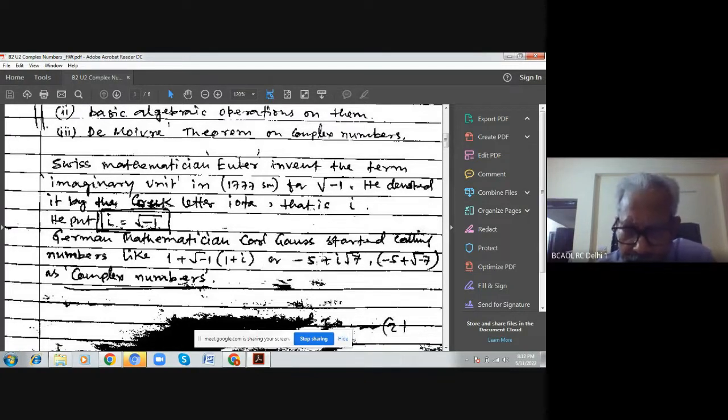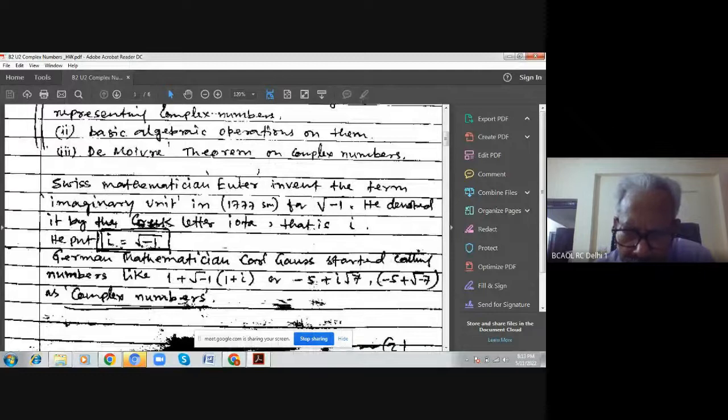Now here, -5 plus iota root 7. Just try to see that it is a complex number. Why is it a complex number? Because 5 is an integer, no problem. But here, iota root 7 is totally imaginary.